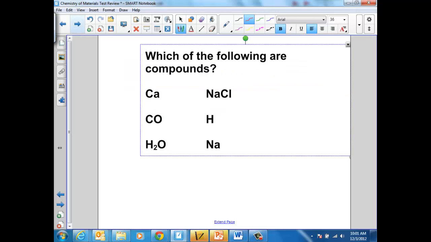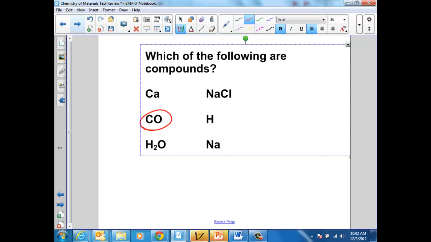Understand that? All right. Which of the following are compounds? And you can just tell me the letters if you don't know what they are. Which is 1, Garrett? CO. Right, CO is carbon monoxide.